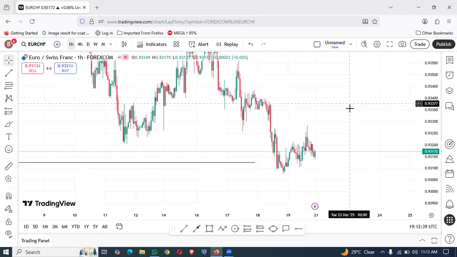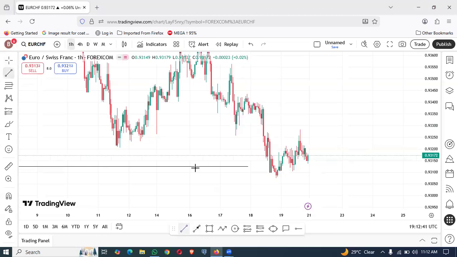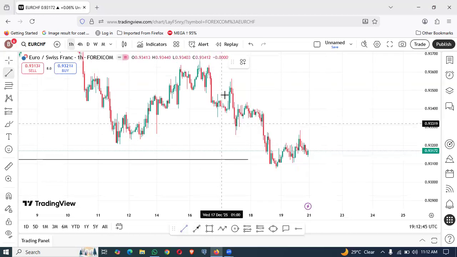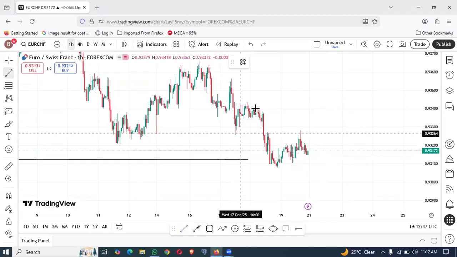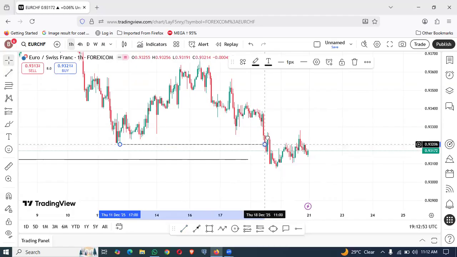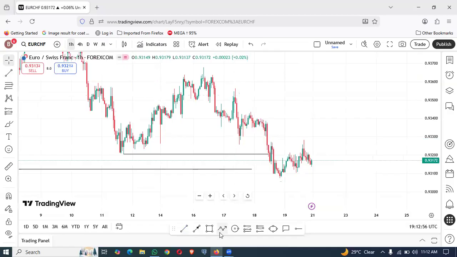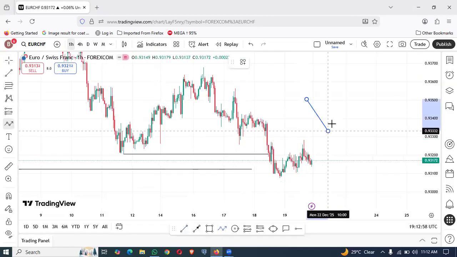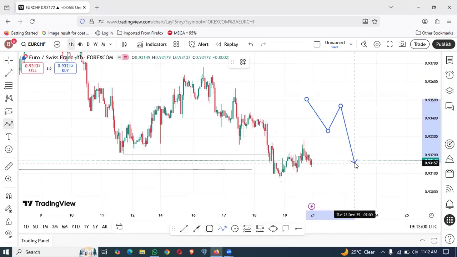If you look at H1 now, you can see this last break here. You can see this one, impulsive push, correction, impulse. We had this break. The same thing I told us, we trade just simple stuff. We need to see impulse, correction, impulse.